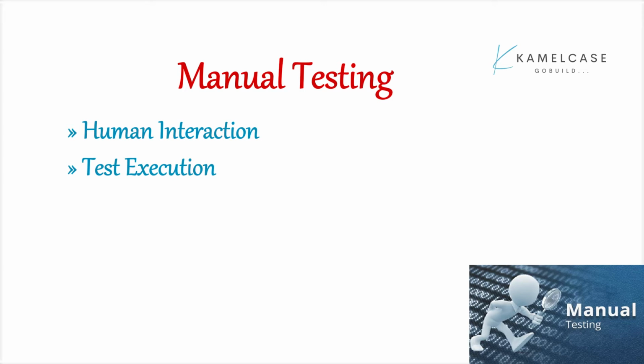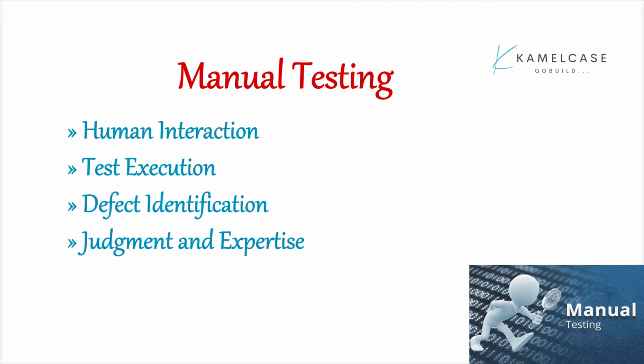Manual testing is a software testing approach where human testers interact with a software application or system to execute test cases, identify defects, evaluate functionality, and ensure that it meets specified requirements. In manual testing, testers rely on their judgment, intuition, and expertise to explore the software and uncover issues that automated tests might miss.